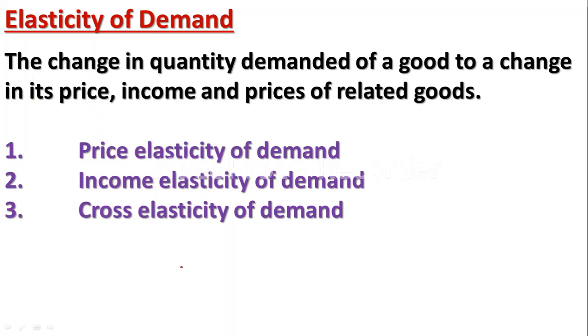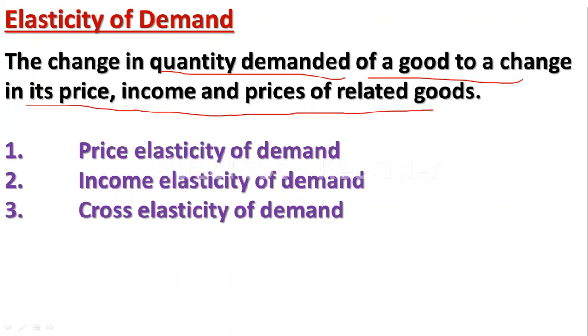Next, let us study elasticity of demand. Elasticity of demand means the change in quantity demanded of a good in response to change in its price, income, and prices of related goods. So when price is going to change, demand will change. When income changes, demand will change. Yes, when the price of a related good changes, the demand for one good will also change.